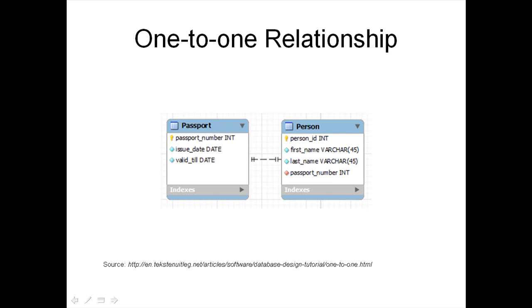There are three main relationship types in relational databases: one-to-one, one-to-many, and many-to-many. In a one-to-one relationship, each record in table A corresponds to one record in table B, and each record in table B corresponds to only one record in table A. An example for that kind of a relationship would be between a passport table and a person table.